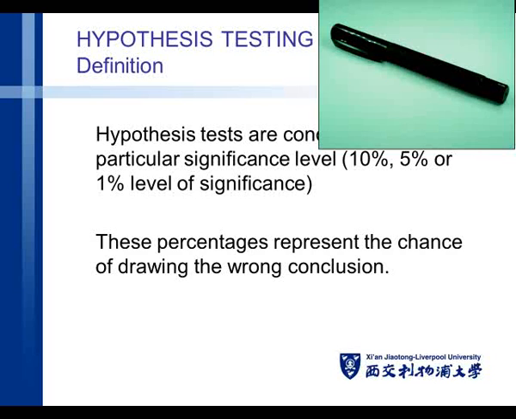But there's another particular issue. When you do hypothesis testing, you get a yes or no answer, but the yes answer is actually not very clear. The yes answer says the sample is consistent with my assumptions about the population.